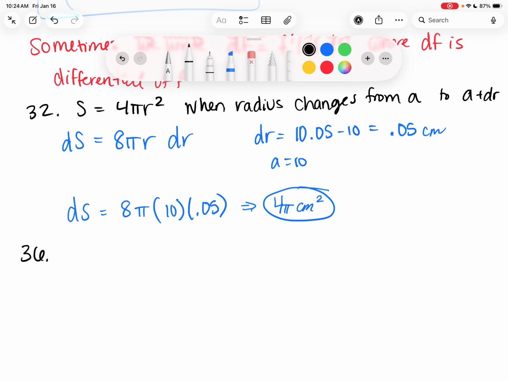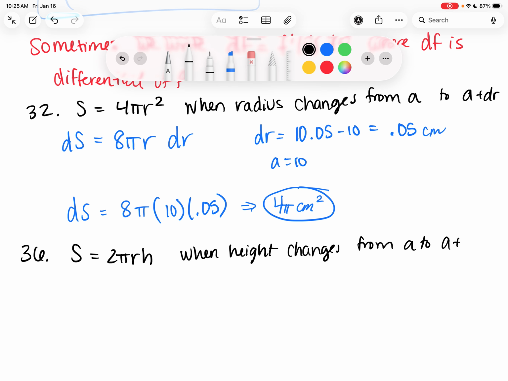36. The change in the lateral surface area, S equals 2 pi RH, of a right circular cylinder when the height changes from A to A plus DH, and the radius does not change.